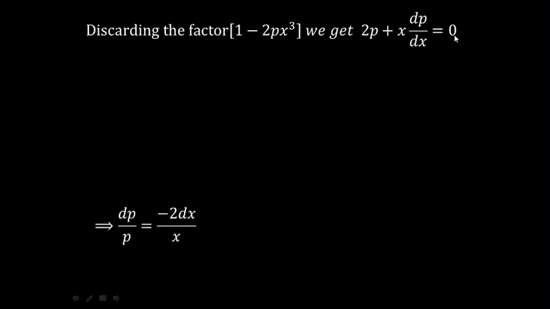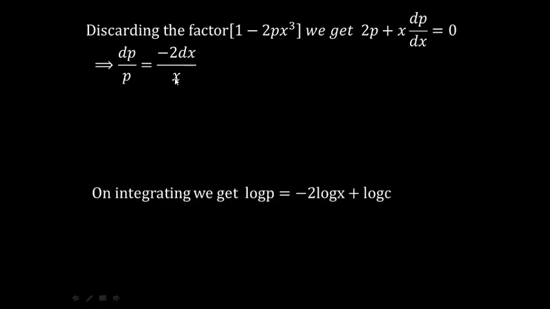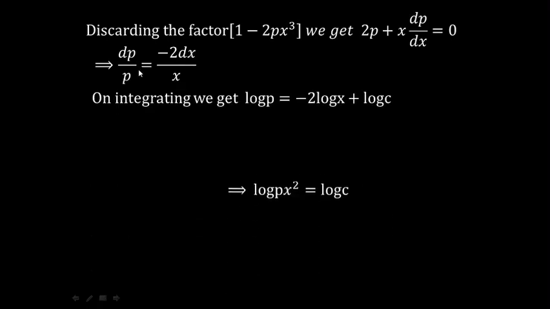Now solving this, to obtain the variable separable form, just rearrange the terms, we will get dp by p equal to minus 2 dx by x. Now this is a variable separable form, so the integration of 1 by p is log p and the integration of 1 by x is log x, minus 2 constant plus log c.